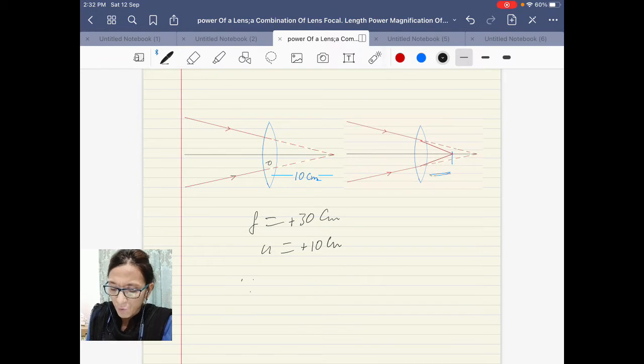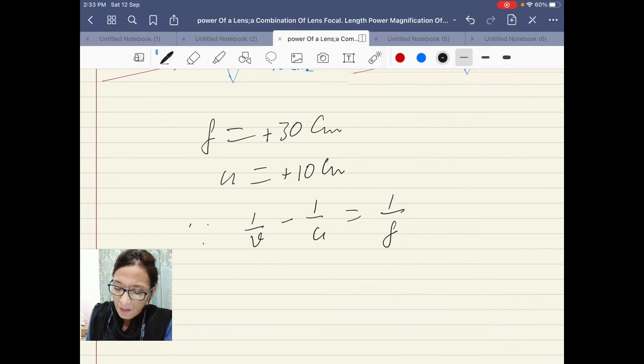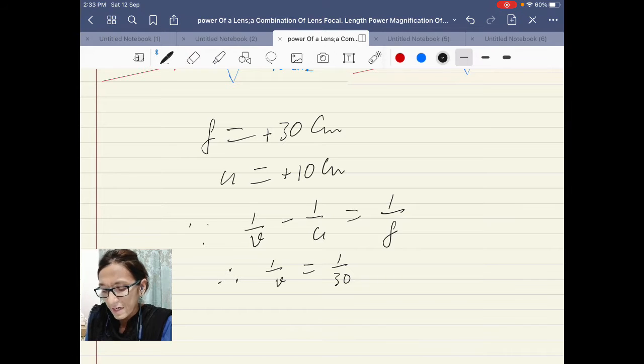Now simply putting all these values in lens formula, we can find the value of image distance. So 1 by v minus 1 by u is equal to 1 by f, and therefore 1 by v is equal to 1 upon 30, and this minus 1 by u on the other side, it will become plus 1 by 10.